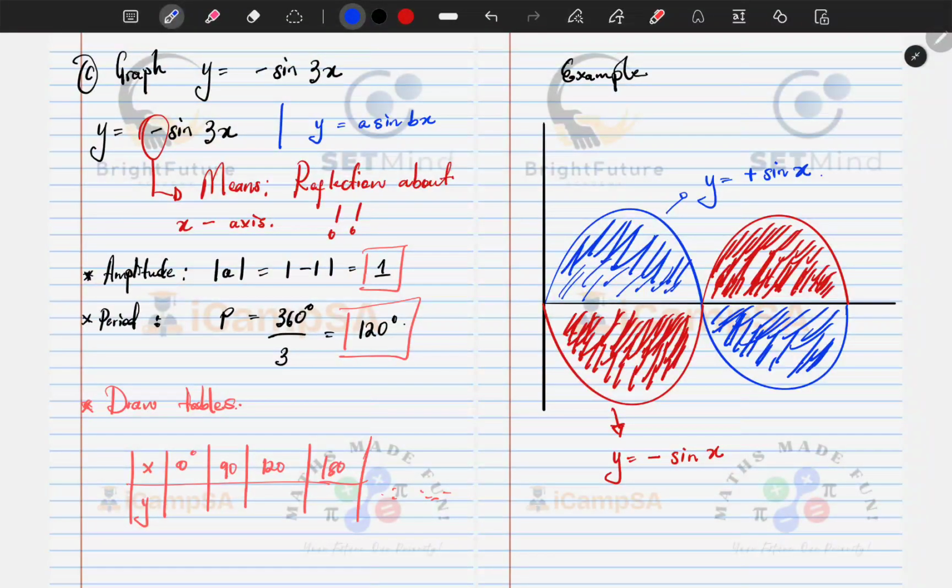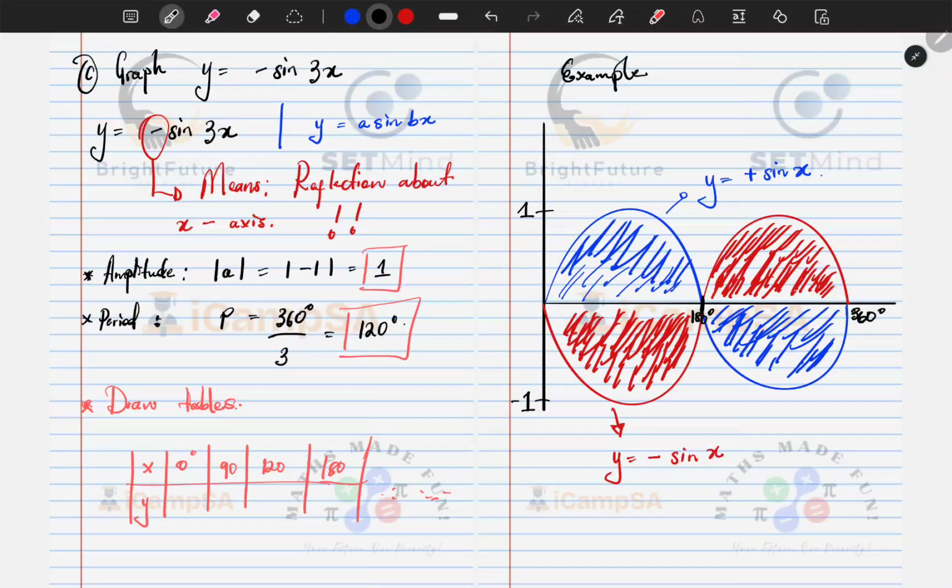Right, but as you can see, they are not the same. Here you will have your 1, here you will have your negative 1. This is your 0, this is going to be your 360 degrees, and then this will be your 180 degrees.